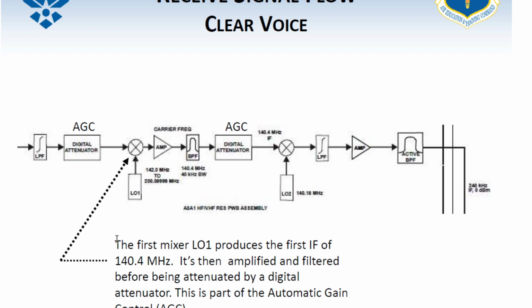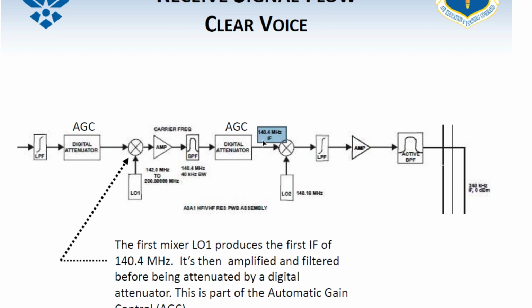Now that we're in receive, and I told you everything was reversed, it makes sense that we flip them around. And you can even see that on this diagram on this slide I have pulled in front of you all. There's the 240 kilohertz over here. That's our second IF. And then our first IF is right here. You guys see that? Yes, sir. Okay.